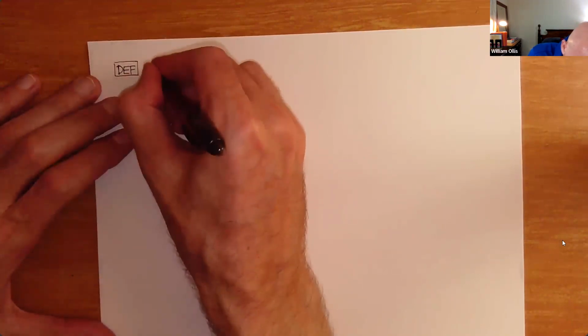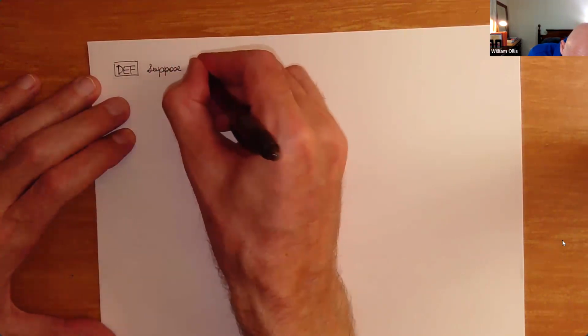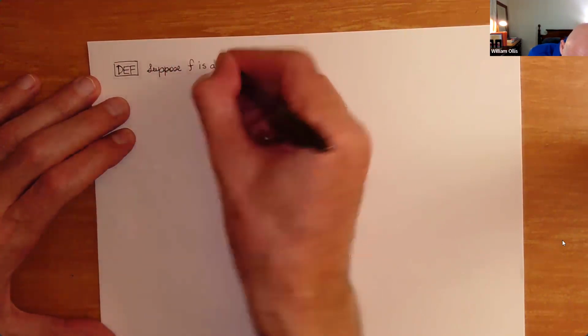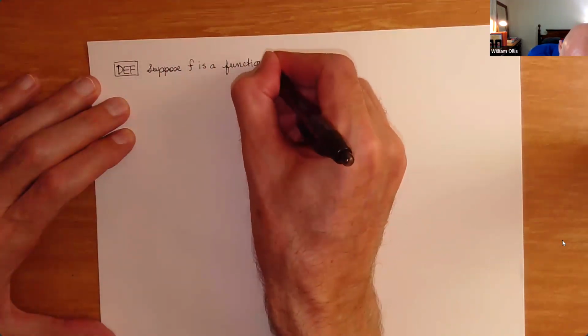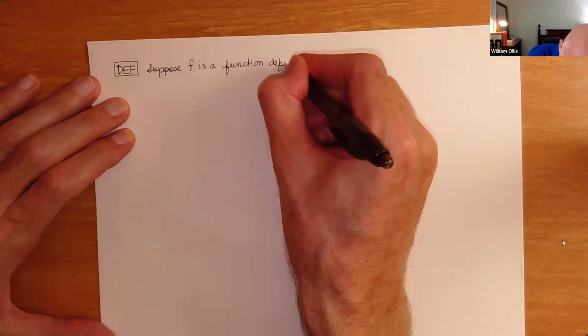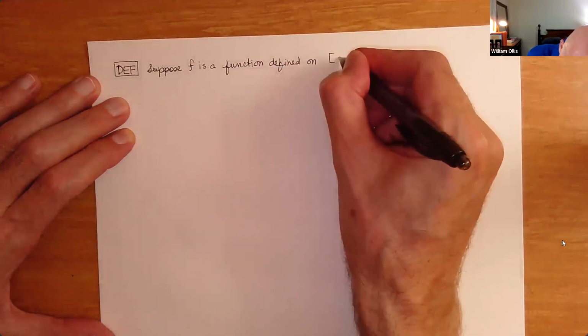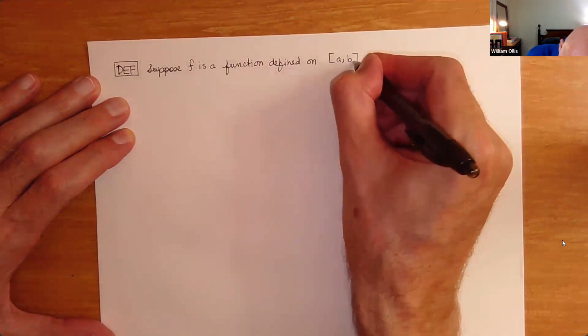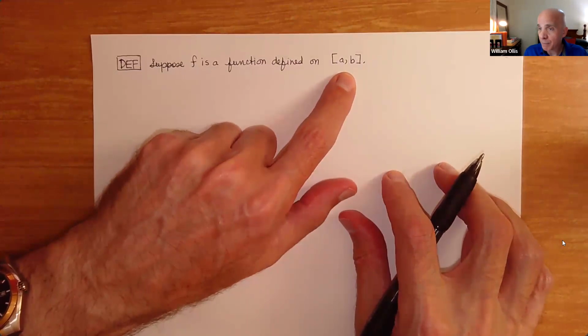So suppose f is a function defined on, we're going to say, a closed bounded set A to B. Just like when we were doing increasing, decreasing, including the endpoints.